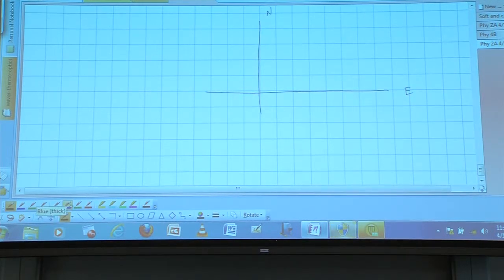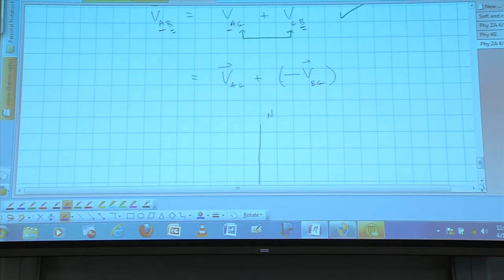I'll do it in blue. And we're going to add to that the opposite of the velocity of B with respect to the ground.